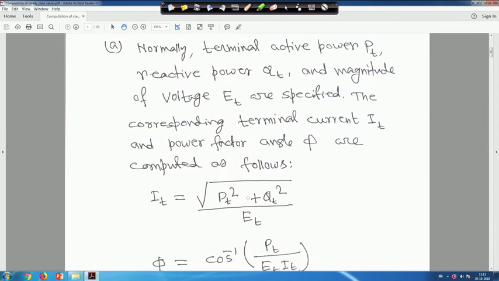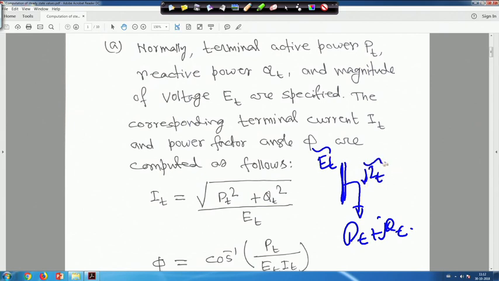So, IT will be root over Pt square plus Qt square upon Et. Suppose you have a bus bar, and here you have the power Pt plus jQt, and voltage Et tilde, the phasor quantity, and the current is IT.